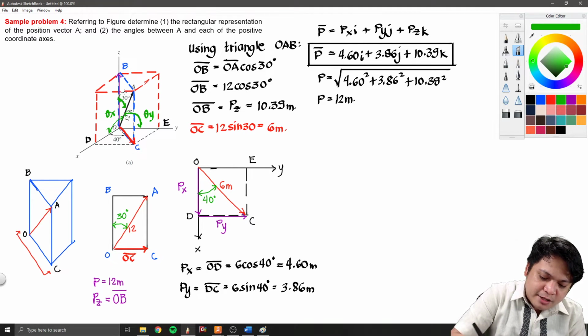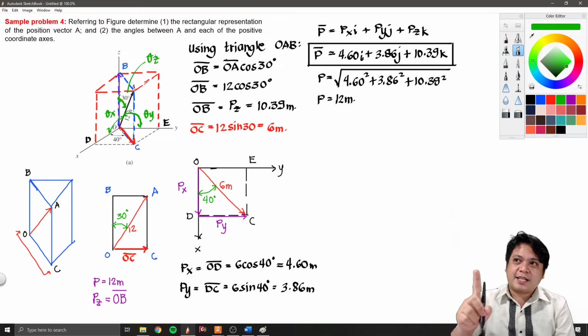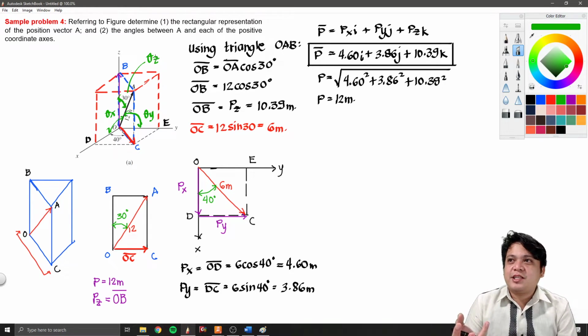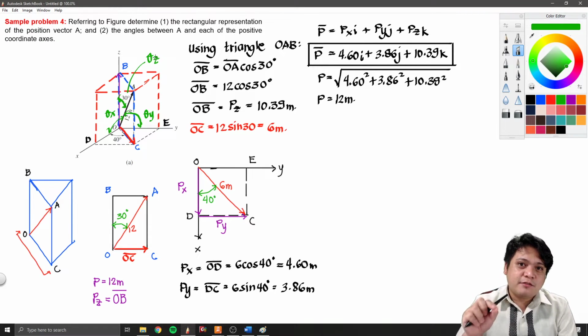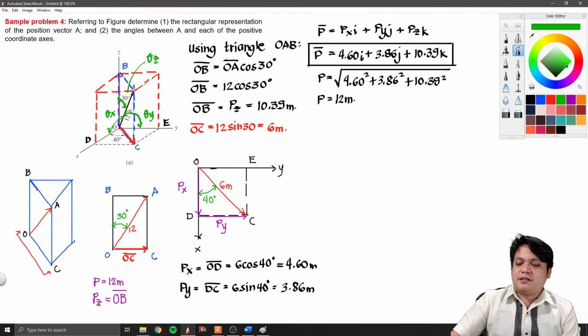So, sure naman tayo dyan, yun na yung ating theta Z. Okay, bakit? Kasi nakadikit na siya sa z-axis at nakadikit na siya dun sa pinaka-force natin. So, sabi natin yung directional cosines natin or angles natin, yun yung nakadikit from the positive axis papunta dun sa force. Okay, so dapat positive axis ano.